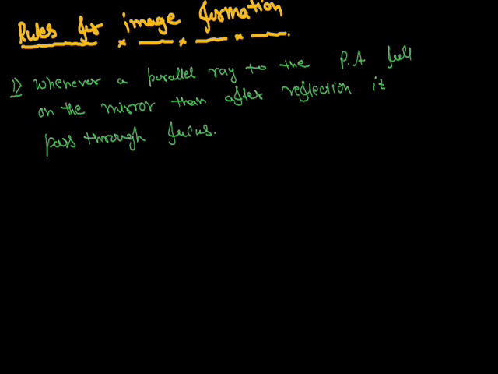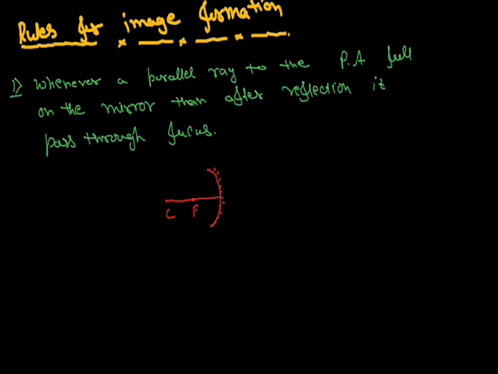Now let us look. Let us suppose we have this mirror, that is convex mirror, sorry, concave mirror, and this is the principal axis, this is the focus, and this is center of curvature.